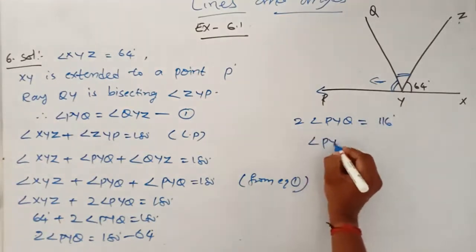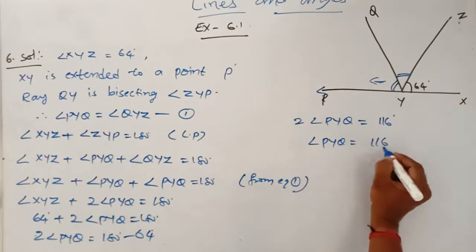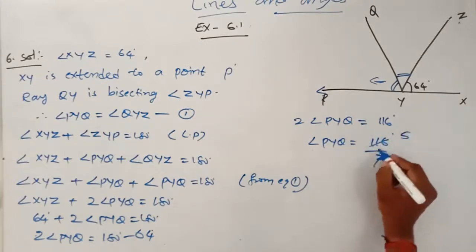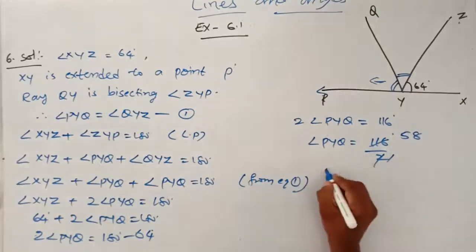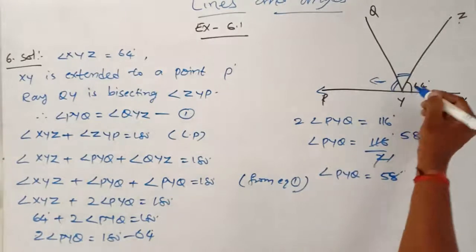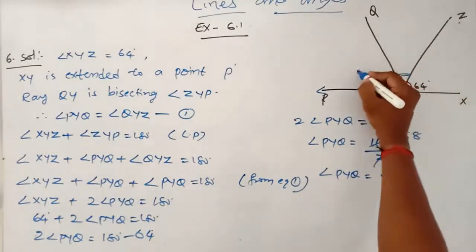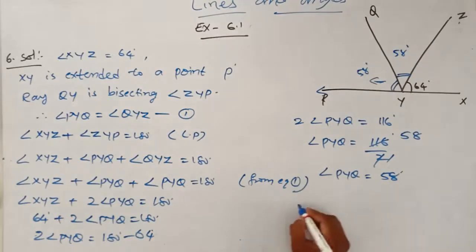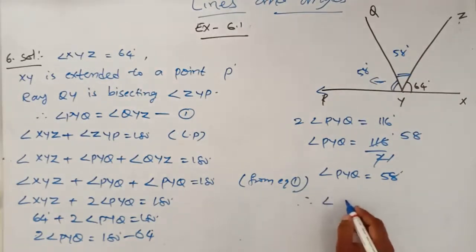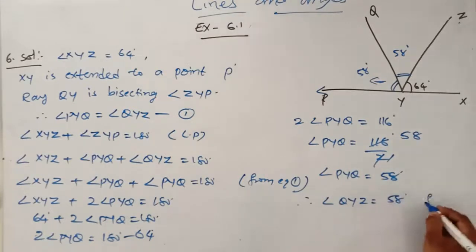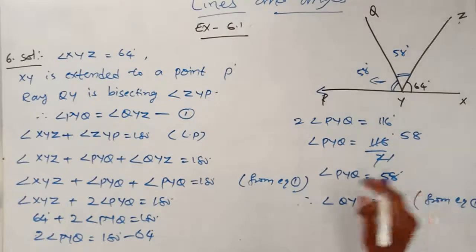Angle PYQ is equal to 116 by 2, that is 58 degrees. So angle PYQ is 58, and automatically angle QYZ is also 58 from equation 1. Now I got all the values.